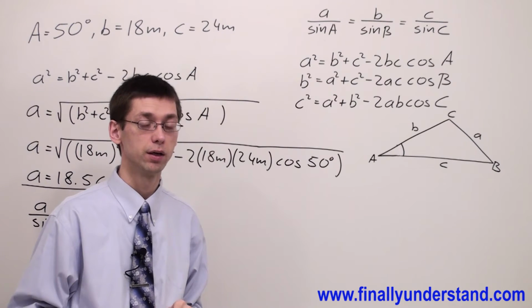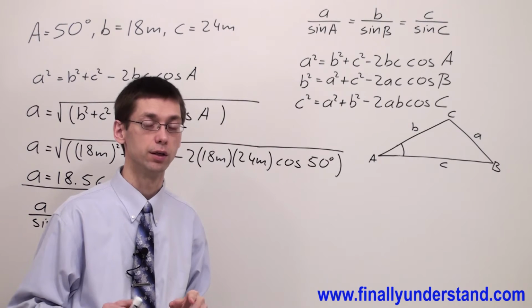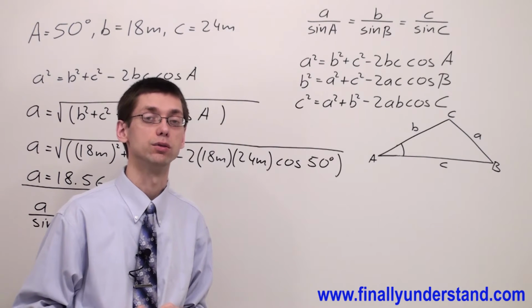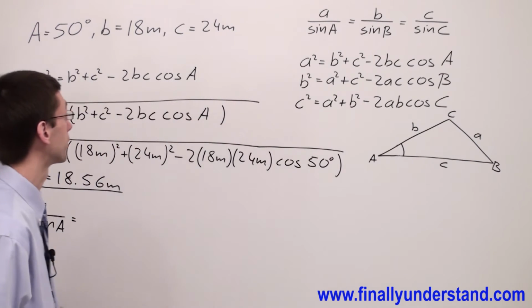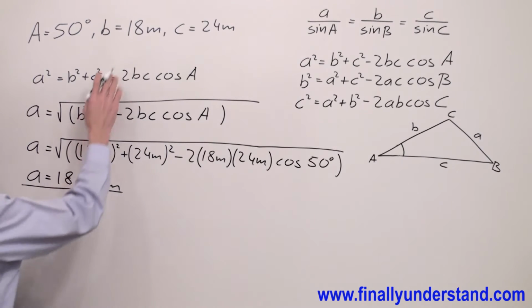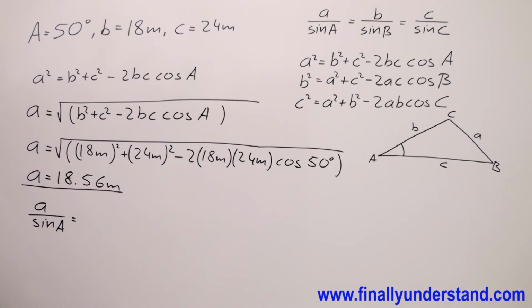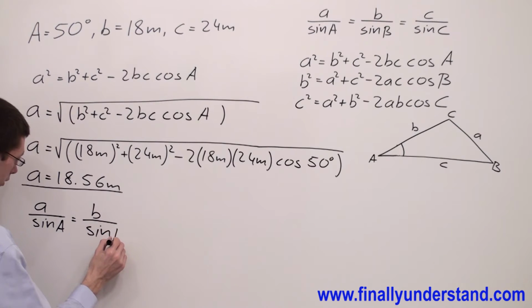The longest one, most of the time, is going to be the opposite side to the obtuse angle. So that's why I'm going to use the short one, because I'm looking first for acute angles. That's why I'm going to write B over sine of angle B.